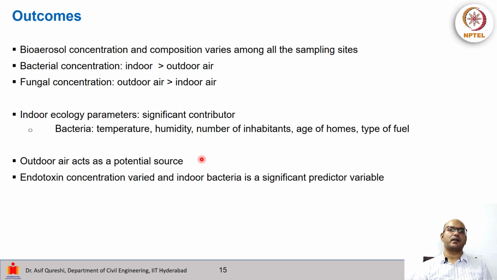Outdoor sources also acted as a potential source of indoor air microbial load. The endotoxin concentrations varied, and the indoor bacterial concentrations were a significant predictor variable, which makes sense because the more bacteria, the more possibility of endotoxin being released.